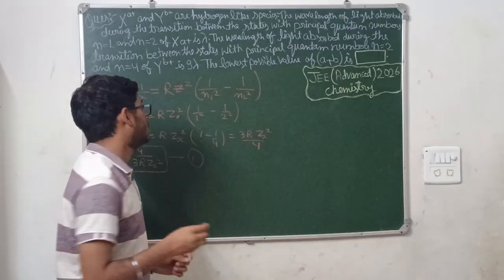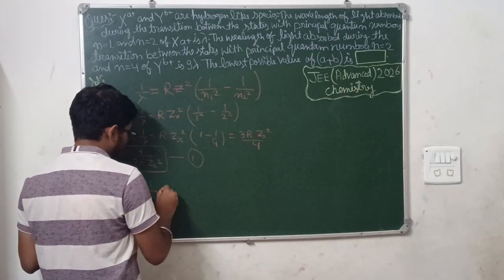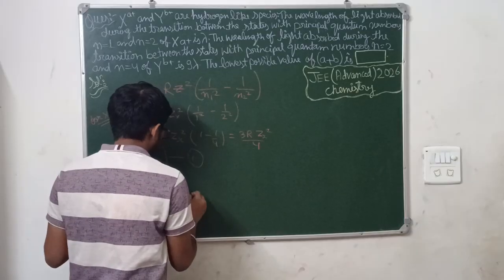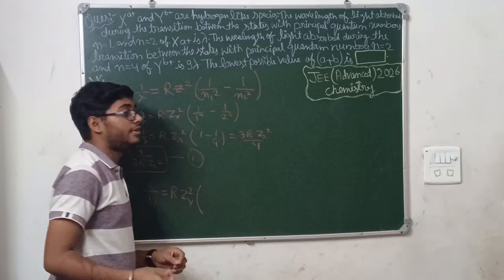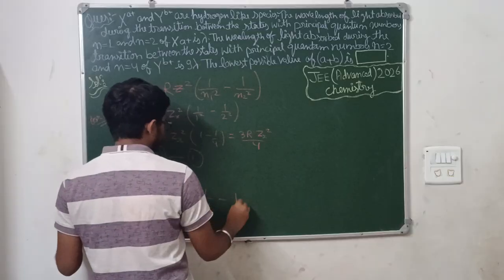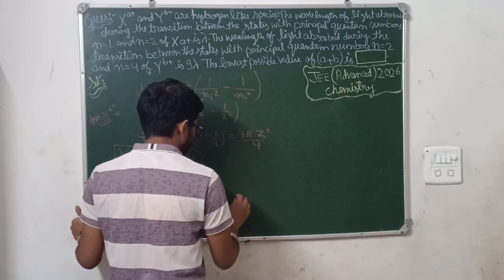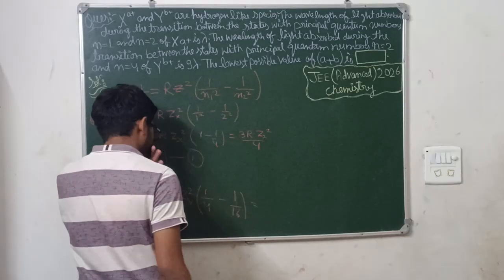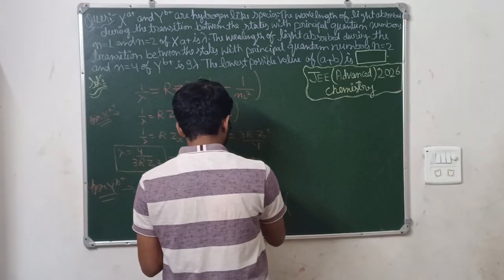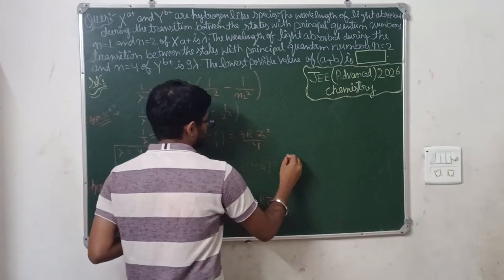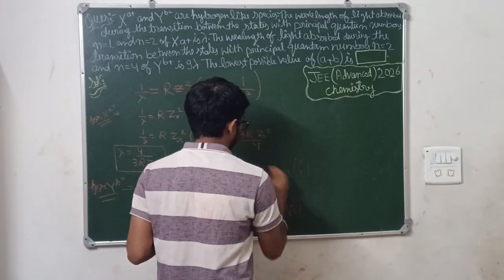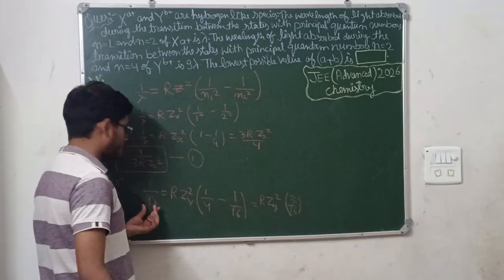The wavelength is 9 lambda, so 1 by 9 lambda equals R, assuming the atomic number of Y^b+ is Zy, Zy square. The transition is n equals 2 to n equals 4, so 1 upon 2 square, which is 4, minus 1 upon 4 square, which is 16. Simplifying, it is R into Zy square into (1 by 4 minus 1 by 16), which is 3 by 16, and this equals 1 by 9 lambda.